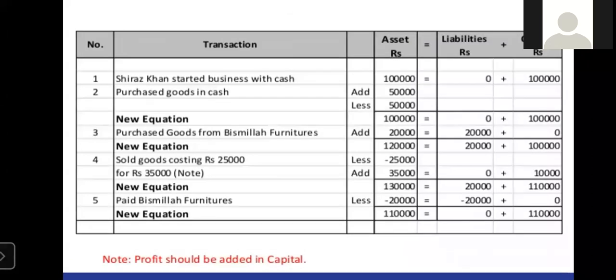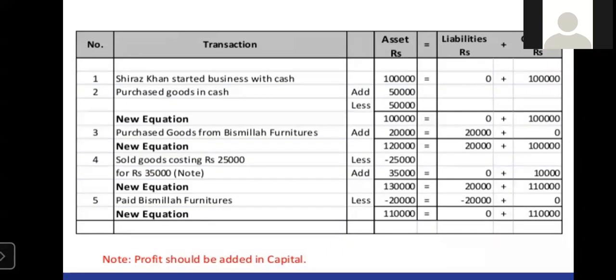Solution. First transaction: Shiraz Khan started business with cash. Assets equal 1 lakh, liability is 0 and capital is also 1 lakh. Purchased goods in cash, added 50,000. New equation: purchased goods from Bismillah Furniture 20,000. Liability equals 20,000.